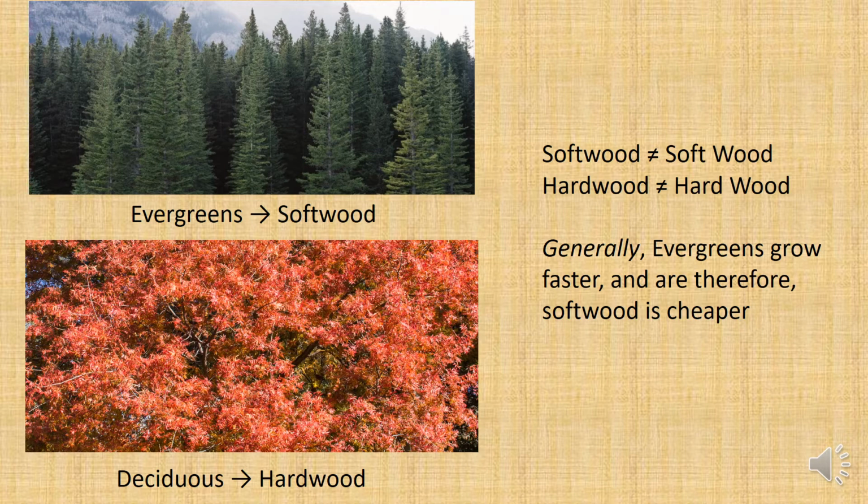What does that mean? Well, generally, and this is a generalization because there are some very slow-growing evergreen trees out there, evergreen trees grow faster than deciduous trees. And because they grow faster, generally, softwood is cheaper than hardwood.